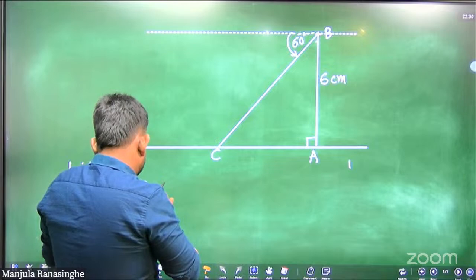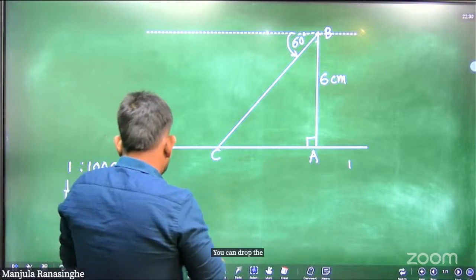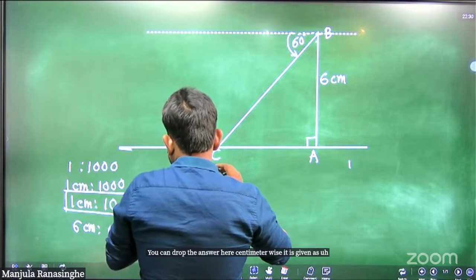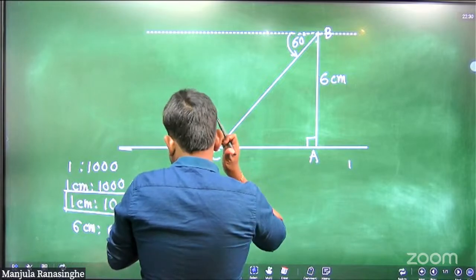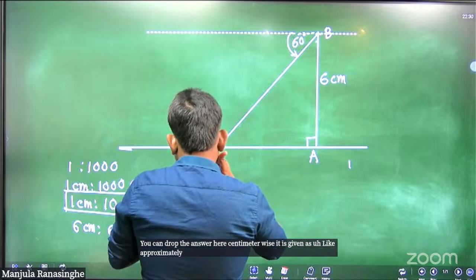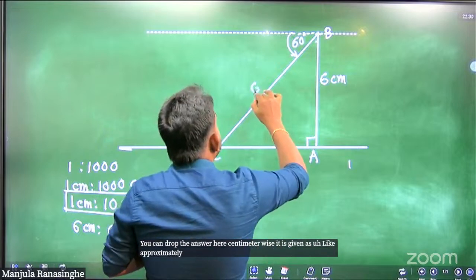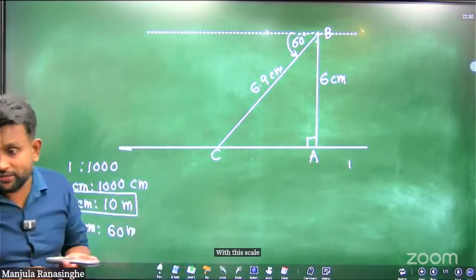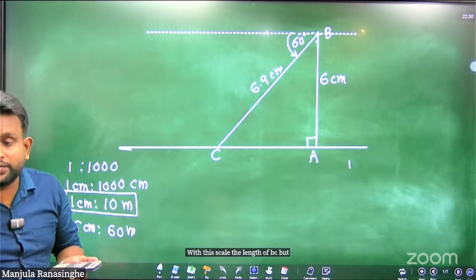Right, you can drop the answer. Here, centimeter wise, it is given as approximately 6.9 centimeter. With this scale the length of BC, but that is not the actual length.